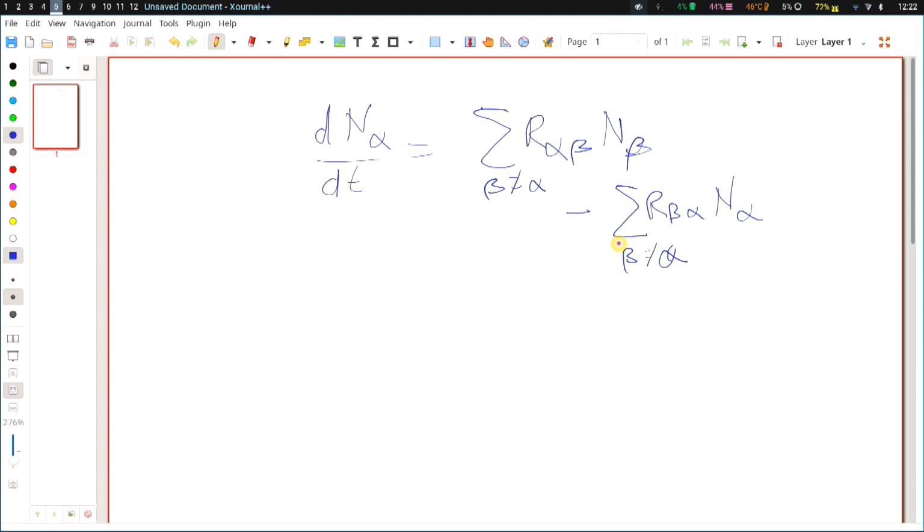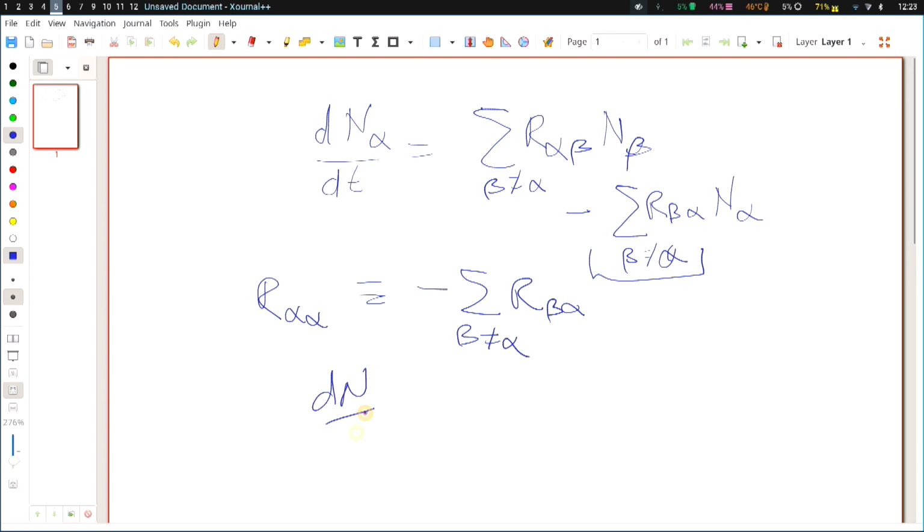And these look like matrix sums except for this not-equal-to condition, but you can get rid of that by defining R alpha alpha, the diagonal element of the rate matrix, as minus the sum over beta not equal to alpha of R beta alpha. With that definition, you can write this as dn/dt = R n, where I write n as a vector and R as a matrix.